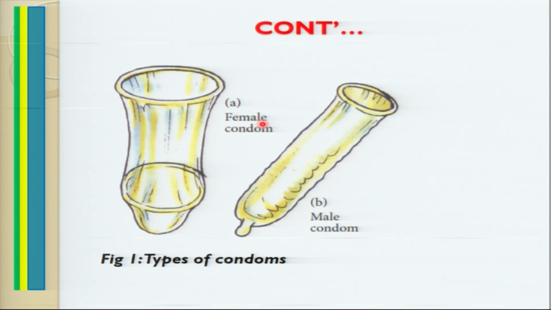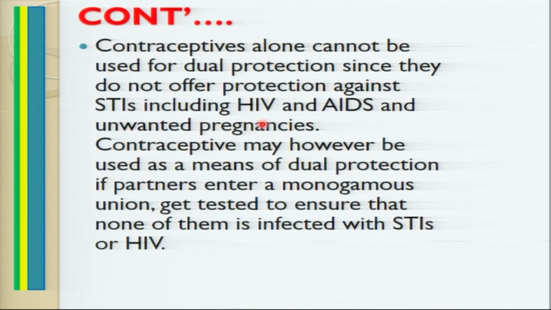So contraceptives alone cannot be used for dual protection. The question is this: why can contraceptives alone not be used for dual protection? Since they do not offer protection against STIs, including HIV/AIDS, and even unwanted pregnancies.